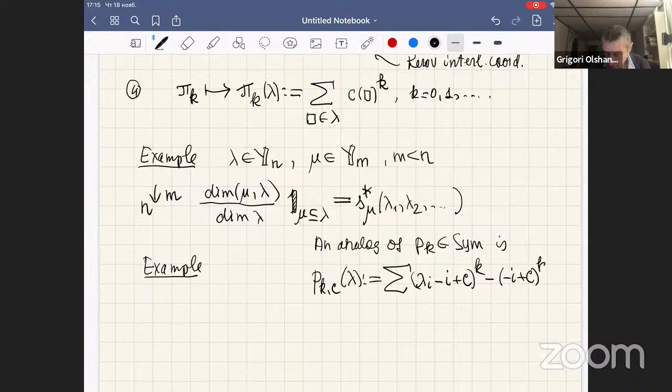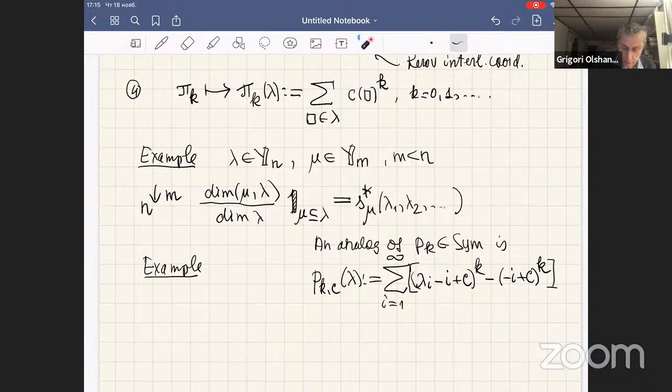a correction term, making the result correctly defined. So this is one possible analog of a power sum, but there are others.